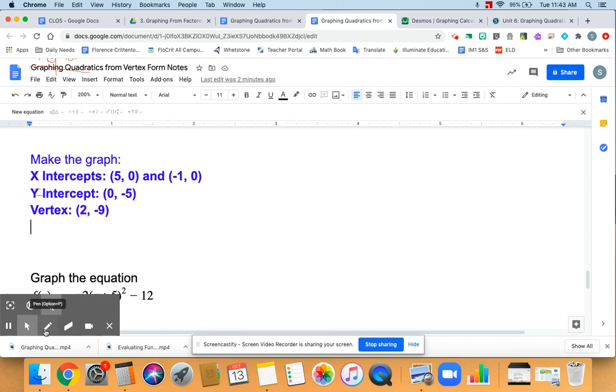If I was doing it by hand, I always need to make sure to label my x and my y. And I always have to label my tick marks. So for my vertex, do you see how it goes all the way down to -9?